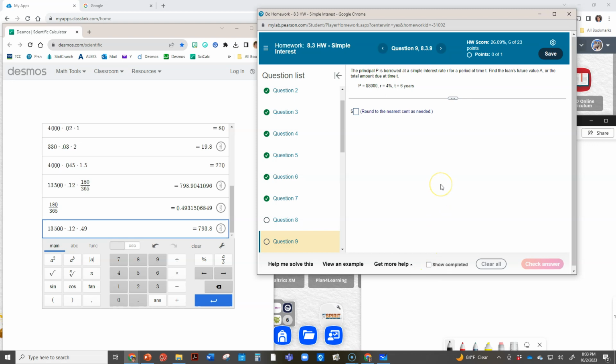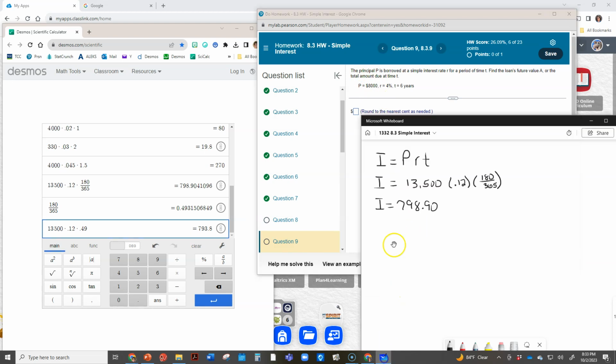Okay, so this is asking for the loan's future value. So I'm going to show you the formula, but I'm also going to make sure you understand you don't have to have that formula. The future value just wants you to take your principal and add your interest to it. So you can totally continue to use that formula, I equals PRT.